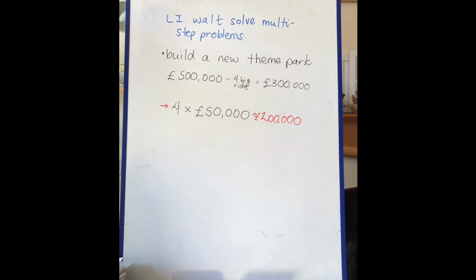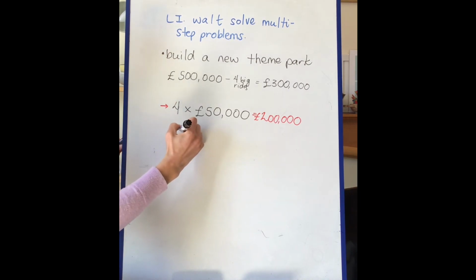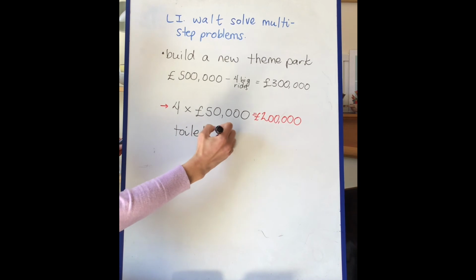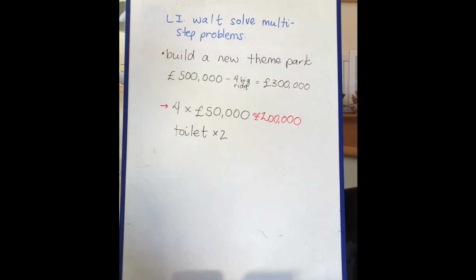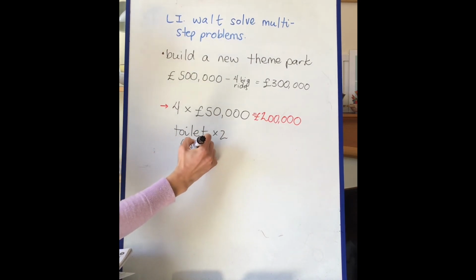All right. So you've got to work out as you go. So if we want to put in a toilet, well, maybe 2. Okay. 1 for each side of the park, and we know that each toilet is going to take up 4 squares of park.